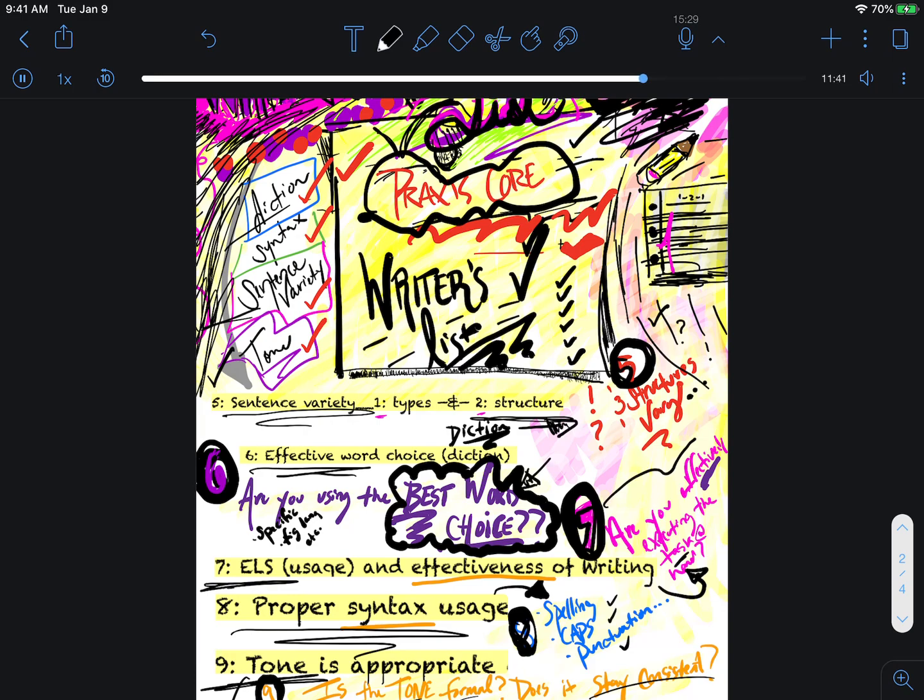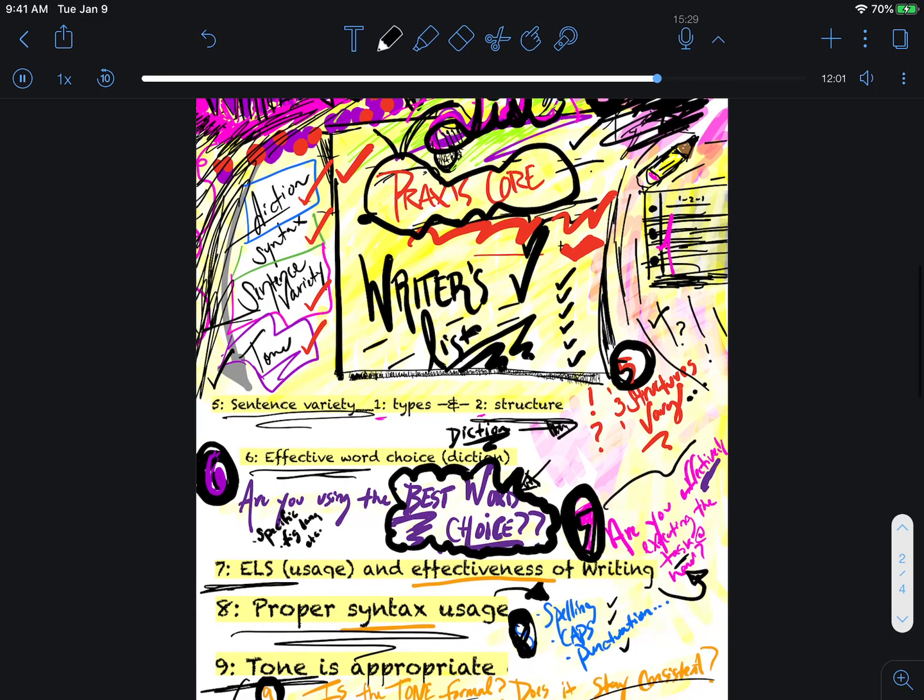You have a little bit more leeway to be creative when it comes to your use of diction in your essay. However, syntax is syntax. Rules are rules.